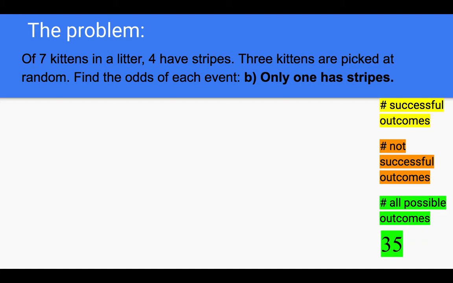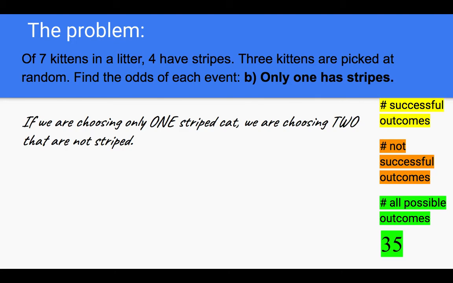Only one has stripes translates into this. If we are choosing only one striped cat, then we are also choosing 2 that are not striped. And this might seem silly because it's rephrasing, but it's going to prove key to finding the answer because everything is in here.